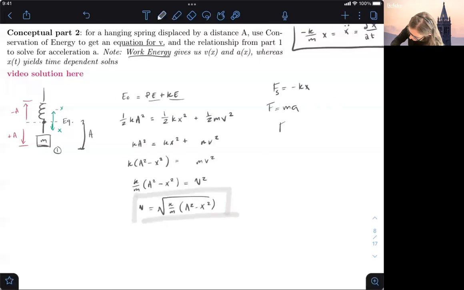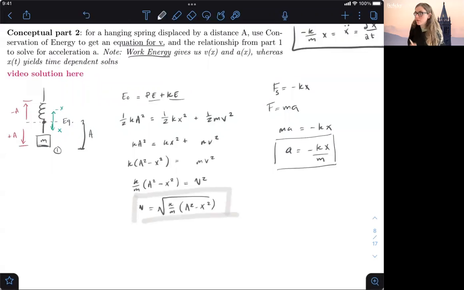So ma is equal to negative kx, right? So we're going to have a is equal to negative kx over m, right?